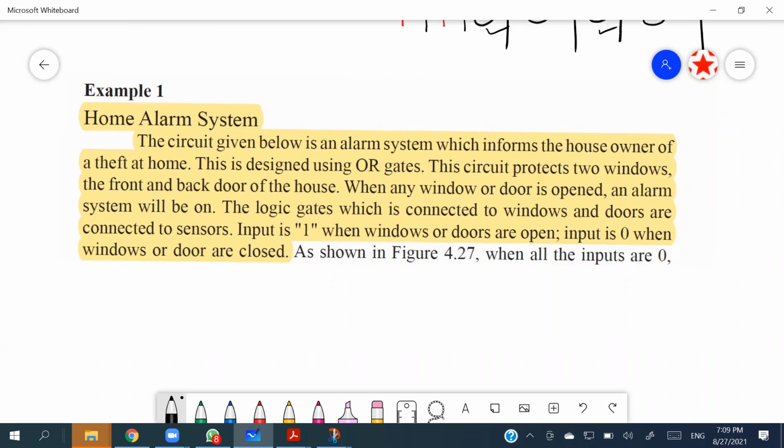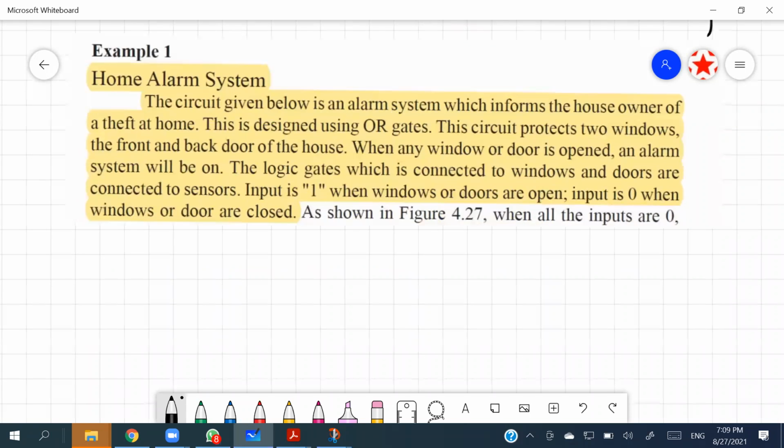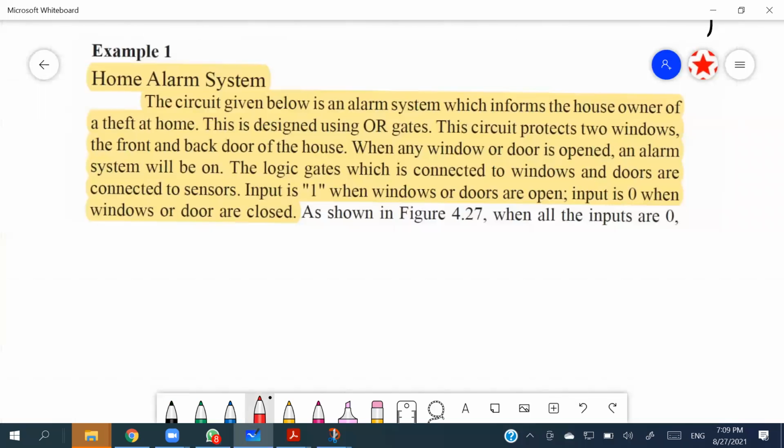From the situation, we can understand that easily. What is going to indicate the output, and what are the things which control the output? They are going to be the inputs, right? So when you are given such a scenario, that is the first thing for you to do.